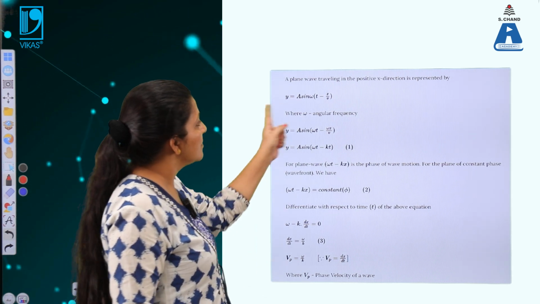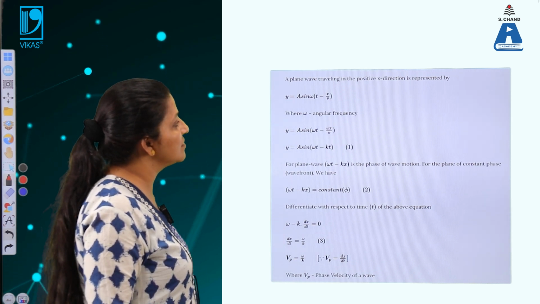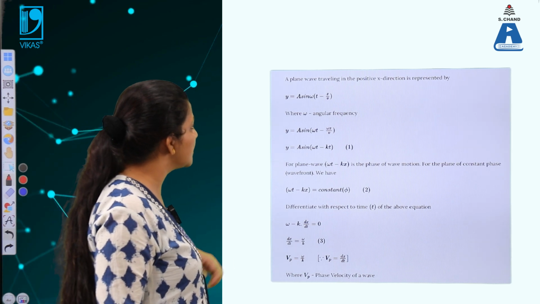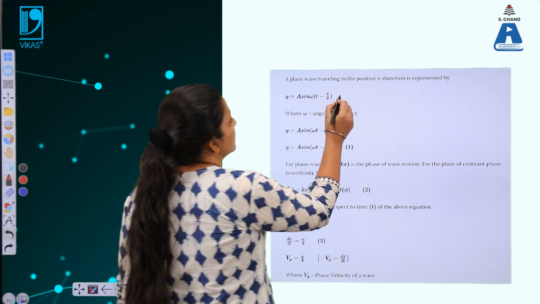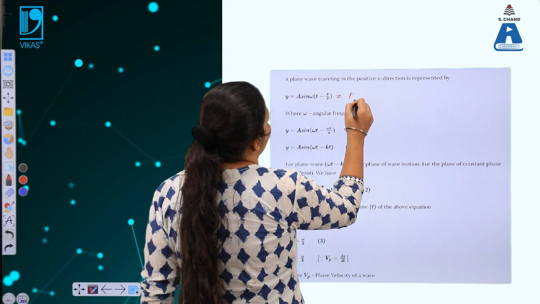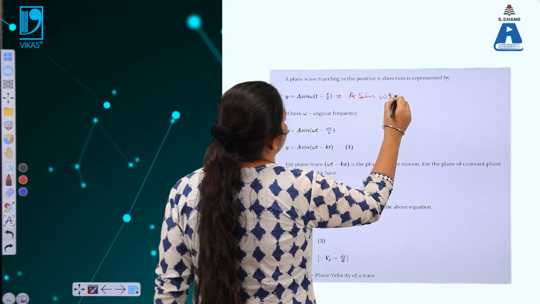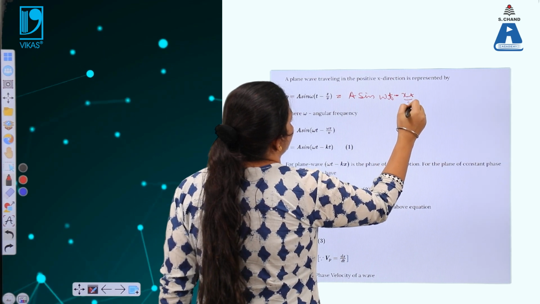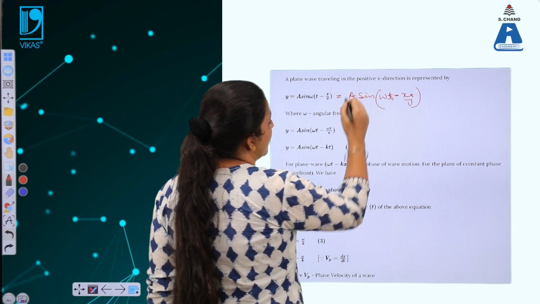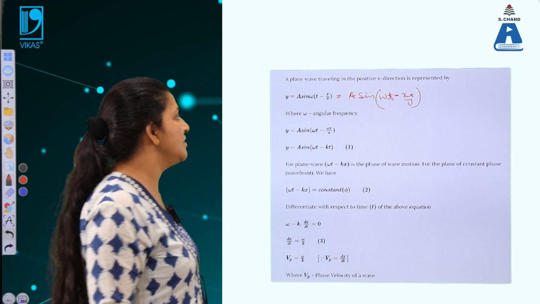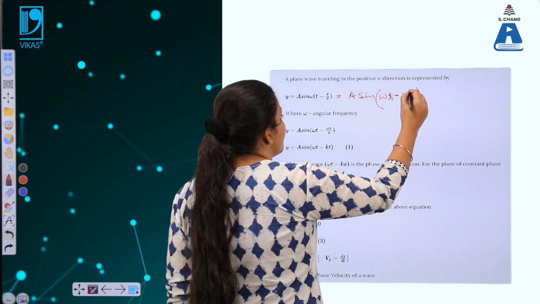Now we know that a plane wave traveling in the positive x direction can be represented by y equals A sin(omega t minus kx by v). Here A is the amplitude of the wave, and omega t minus kx by v represents the phase of the wave.